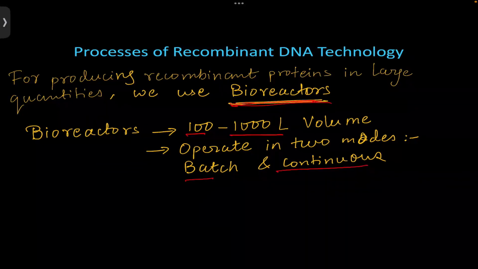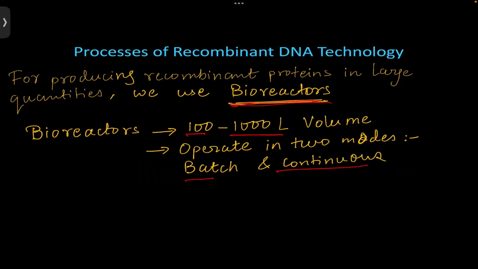In batch mode, at the start of the reaction, you add all the contents like the raw materials, recombinant cells, and anything else that the cell needs to grow. You add them at the beginning, and you allow the cells to act on the substrate and make the product, that is your recombinant protein, for say 2 hours, 3 hours, or whatever time period it needs.